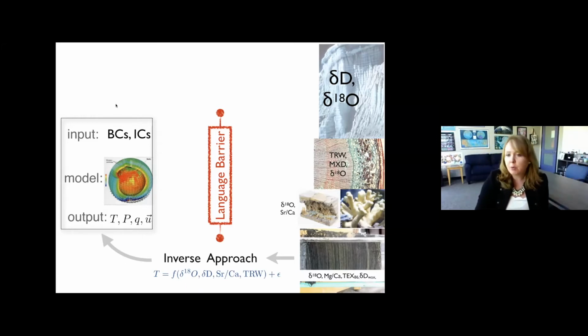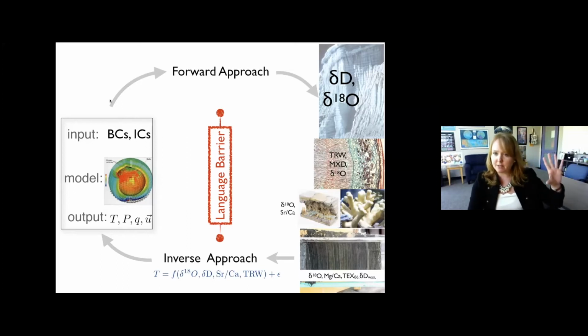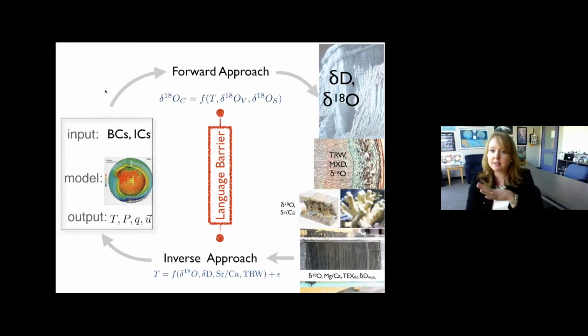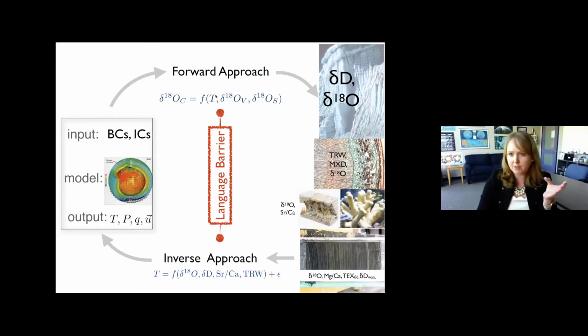But there's another approach we can use, which is a forward approach, where we go from the climate fields, temperature, precipitation, et cetera, and we predict the proxy measured value as a function of the climate variables. Those could include temperature, precipitation, or if you have a water isotope enabled climate model, you can use the delta values of precipitation or water vapor or soil water to feed into those forward models.